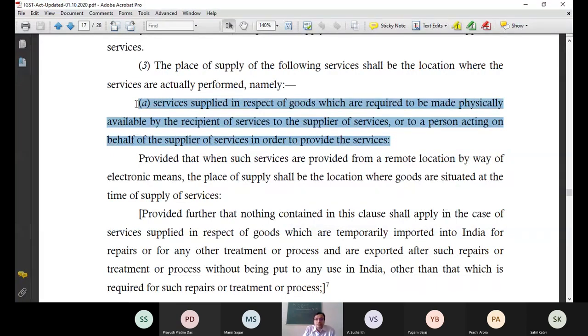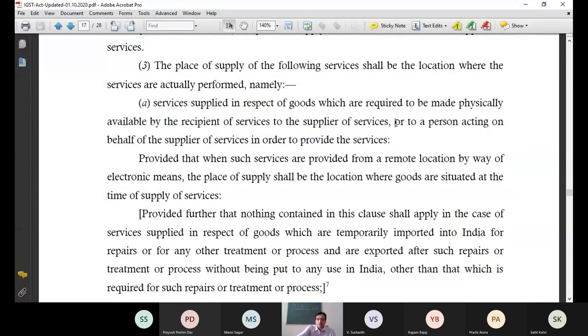This is the intention of clause A. Services in respect of goods which are required to be made physically available by the recipient to the supplier, or to a person acting on behalf of the supplier, in order to provide the services. So how can the supplier provide the services to you until and unless you supply those goods to the supplier? This is the intention of clause A.